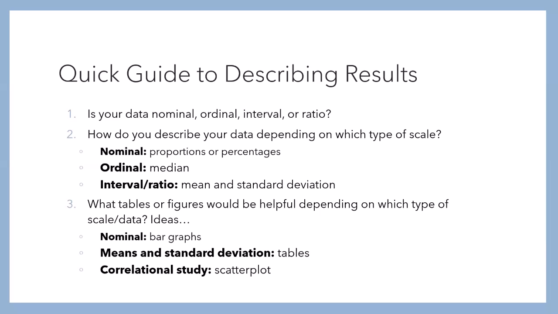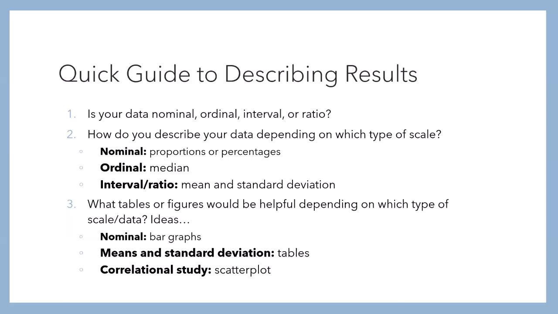So if it's nominal, then proportions and averages. Ordinal, it's probably a median and not much else. And if you have an interval or ratio scale for your dependent variable, you would be reporting means, other measures of central tendency, and standard deviations.